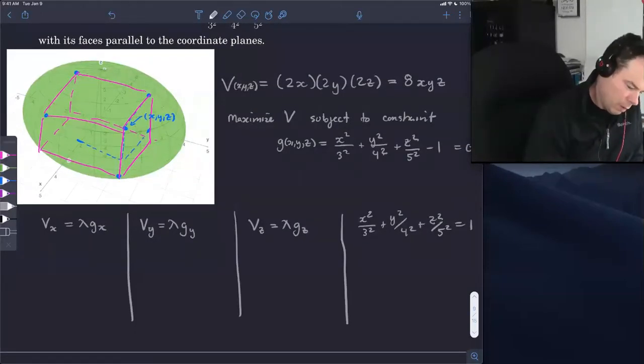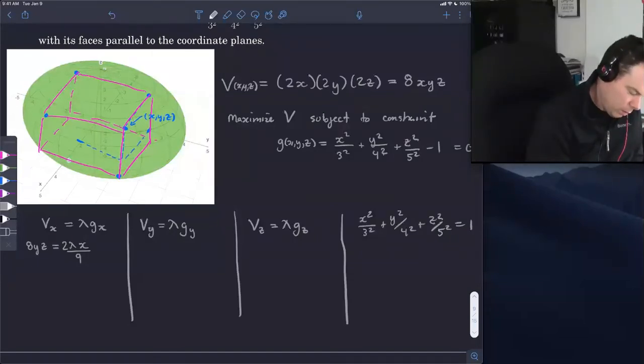So let's fill out these things. What is V_x? Well, that would be 8yz is equal to lambda times the x derivative of g. There's a 2 that's going to come out, so I'll slide that in front of the lambda: 2 lambda x over 9 in this case.